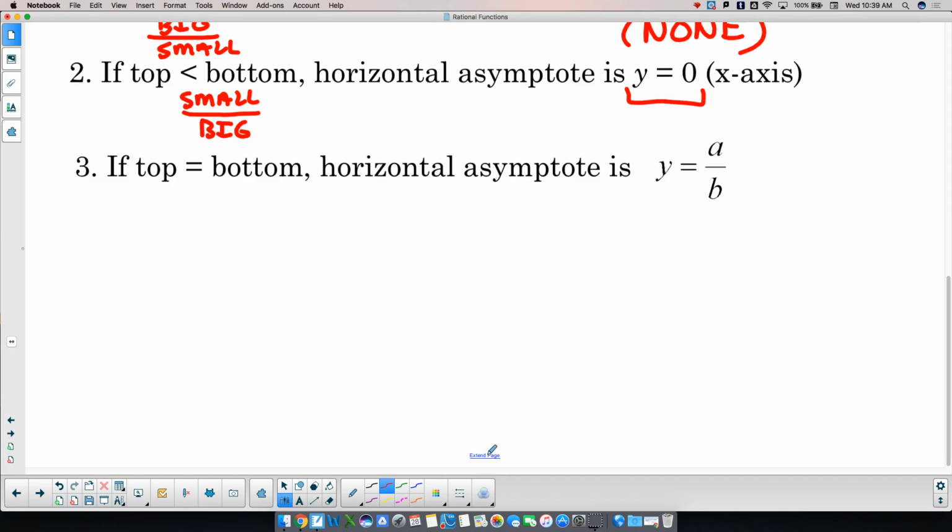Our last possible comparison is if the top is equal to the bottom.